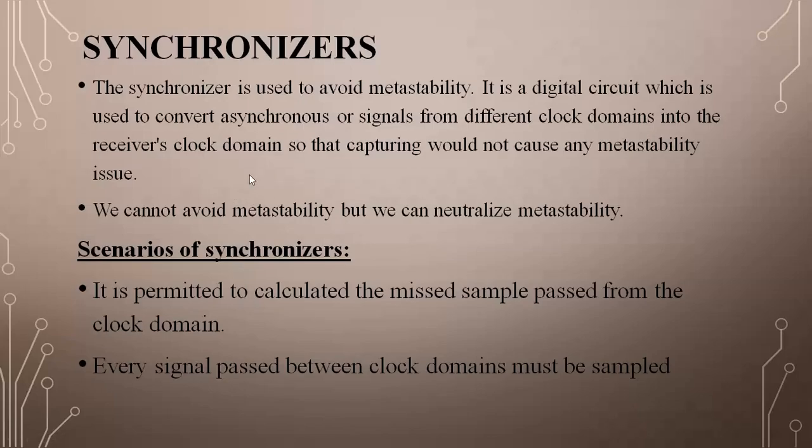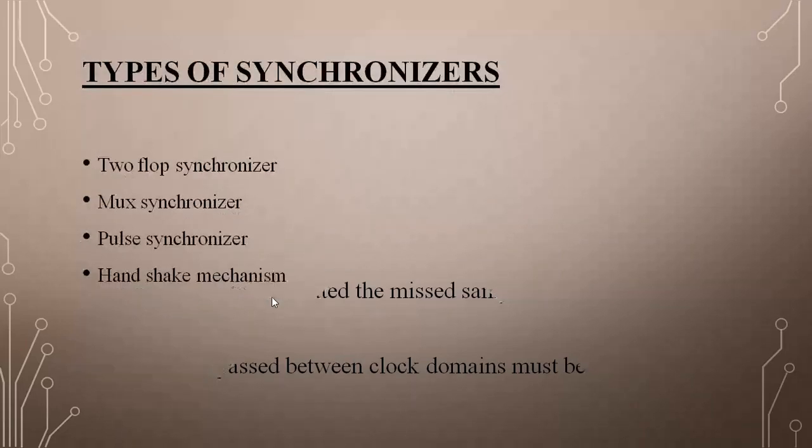So the synchronizer is mainly used to sample the missed data, and whatever data or signal is passed from the domain should be sampled. Those are the main scenarios of the synchronizer. The missed sample should be calculated and synchronized, and whatever signal or data is passed across the clock domains must be sampled. These are the main functions of synchronizers.